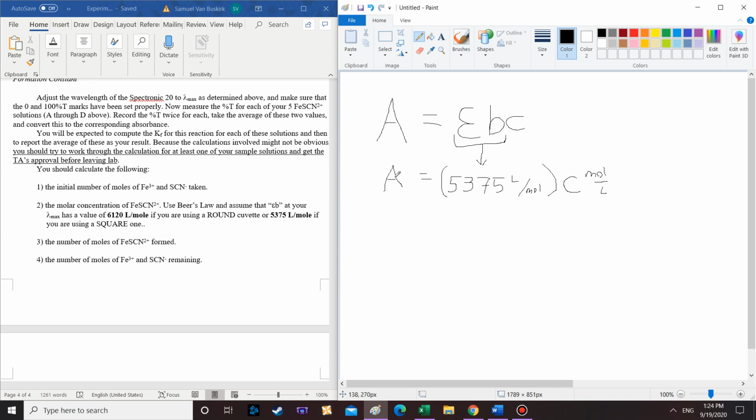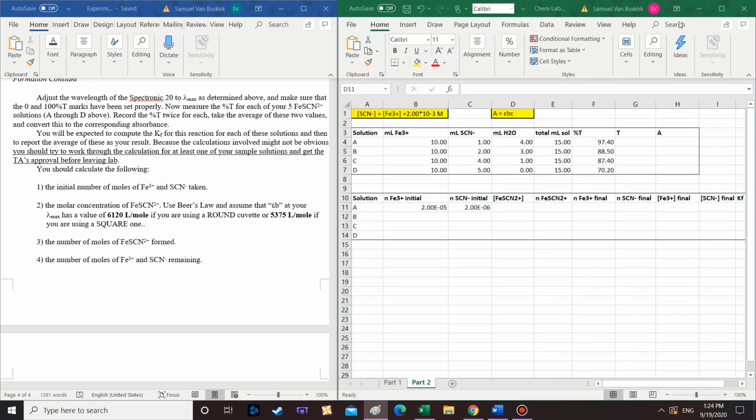So how are we going to use this to calculate the concentration of our iron thiocyanate? Beer's law states that there is a relationship between concentration and absorption of the solution. We have the absorption of the solution, which is what you calculated up here. We still need to do that; I forgot to do that up here.